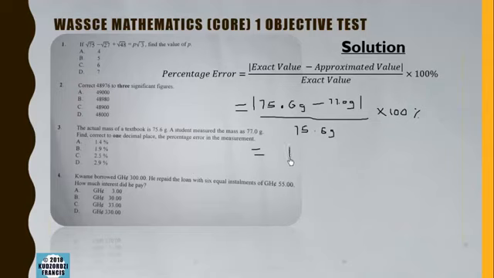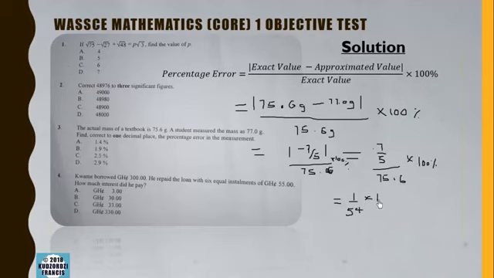And this gives us the absolute value of negative 7 over 5 all over 75.6 grams times 100%. And this is equal to 7 over 5 over 75.6 times 100%. So we simplify this and we get 1 over 54 times 100%.